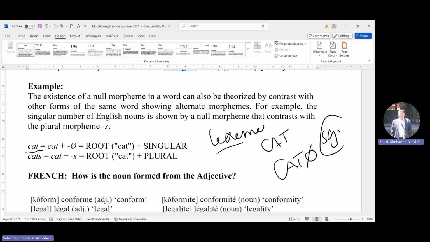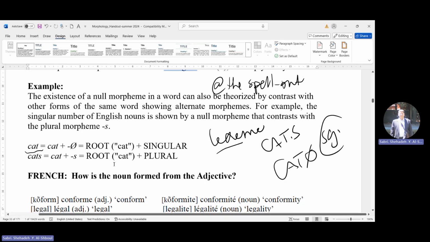With a plural at the spell out, the plural marker is overt or explicit. So we have cats. This means, dear students, that null morphemes are not spelled out at the phonological level. They do not have any phonological realization, but they have a kind of mental representation.